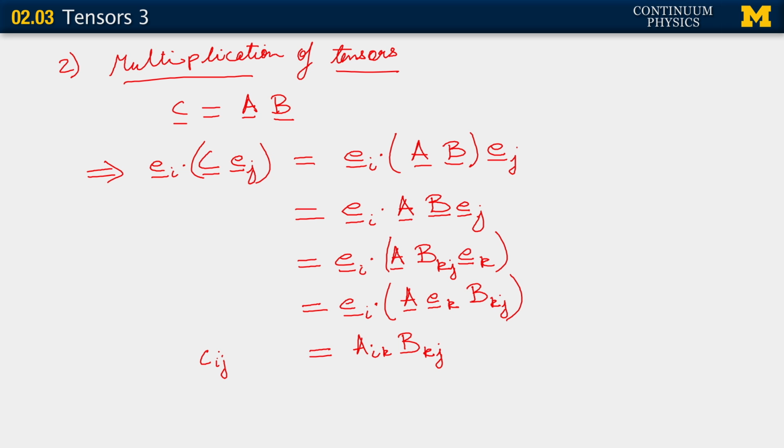Now, of course, you recognize this as a particular manifestation of your well-known rule of matrix multiplication. On the right-hand side, it is K that is being summed over. And so we have CIJ equals AIK BKJ.